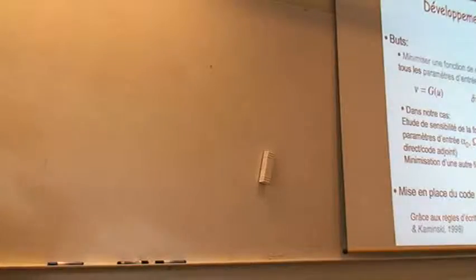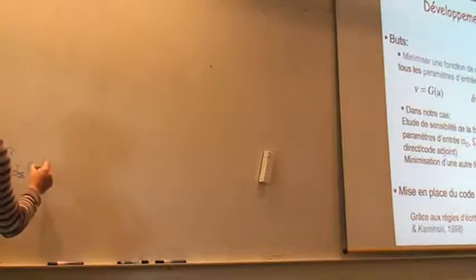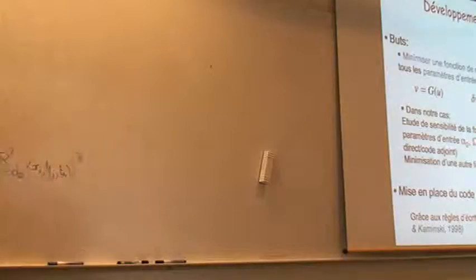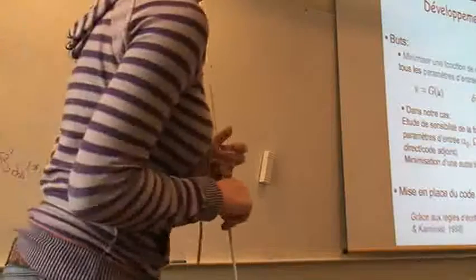In my case, the cost function will be the errors between B at certain points x_i, y_j, t_n, squared, minus some observations. I will tell you after how I get the observations from the same points. Everything is squared. Alpha, omega, and eta are constants, right?